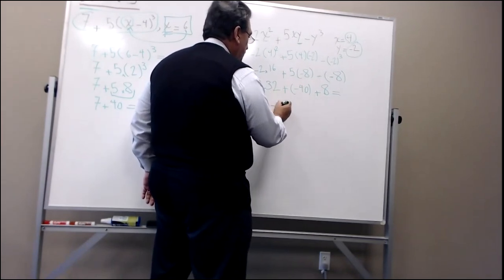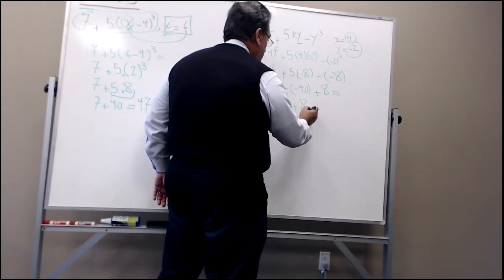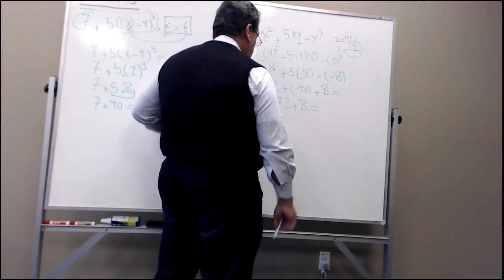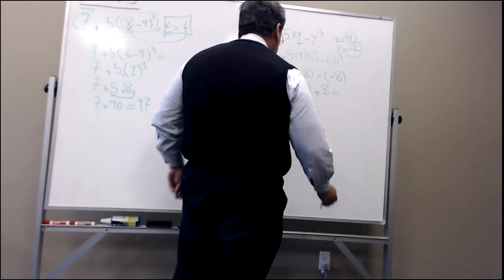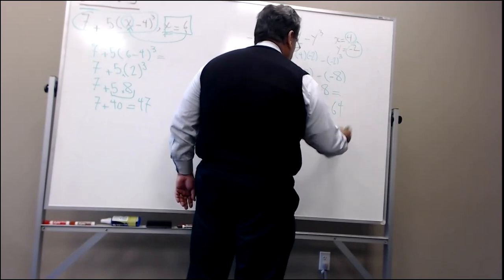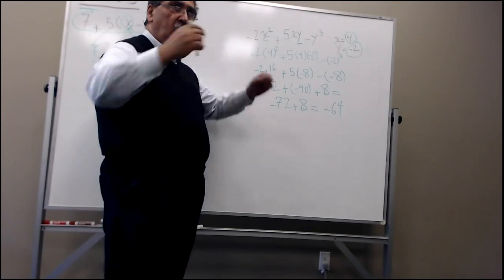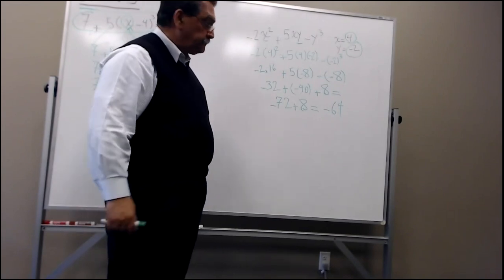This becomes minus 72 plus 8. Then you subtract 8 from that, you get minus 64. That's basically just plugging in. All right.